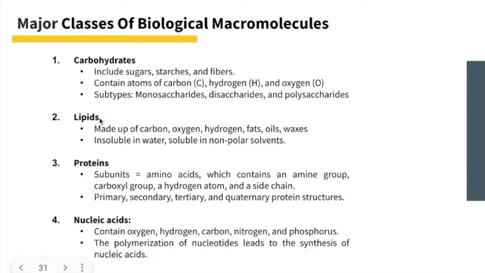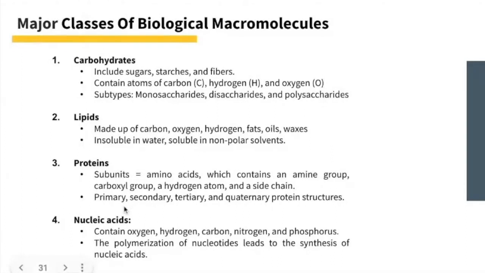Okay. And lipids are made up of carbon, oxygen, hydrogen, including fats, oils, waxes, and different types of elements. And they are insoluble in water, but soluble in non-polar solvents. We will see which solvents the lipids dissolve in. Okay. Protein, the subunit is amino acids, which contain the amine group, carboxyl group, hydrogen group, and side chains.